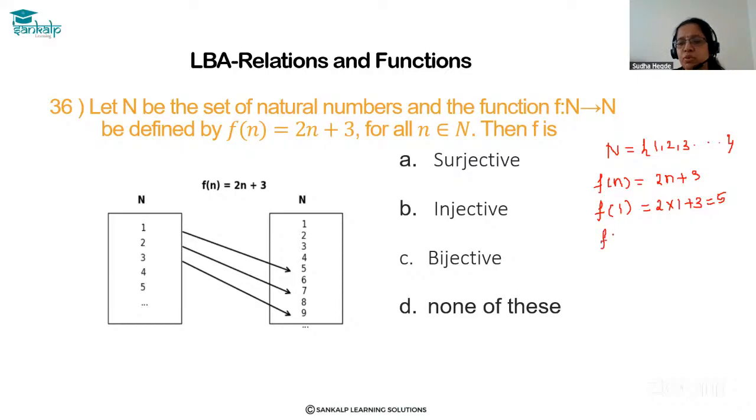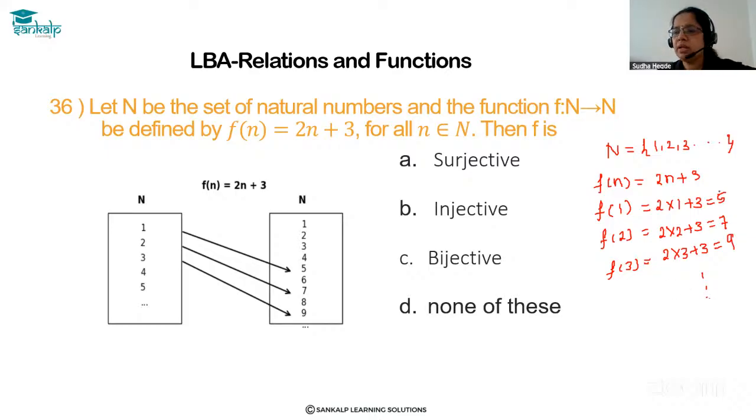What is f of 2? 2 into 2 plus 3, it is 7. Similarly, what is f of 3? 2 into 3 plus 3, so it is 9. It continues like that.